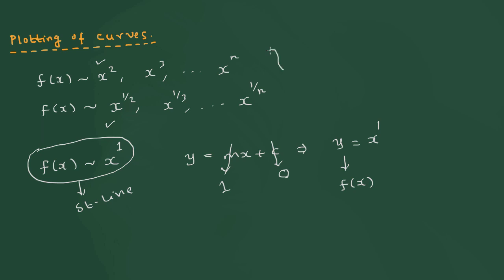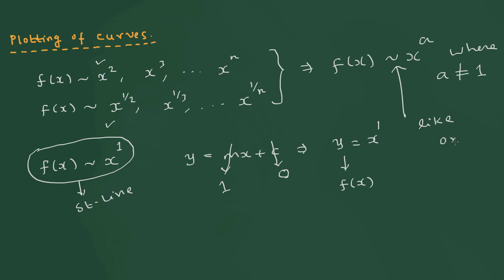And when f of x is, in general, it can be anything. So how can you represent all these things? Here you can represent f of x is like x to the power some power a, where a is not equal to 1. So instead of writing x square, x cube, x to the power n, x to the power 1 by 2, 1 by 3, all these things, no need to write. You can simply write one condition: f of x goes like x to the power a.